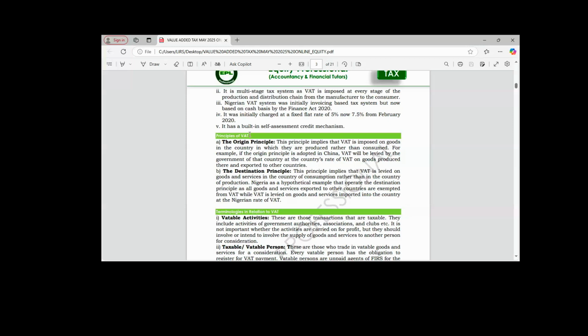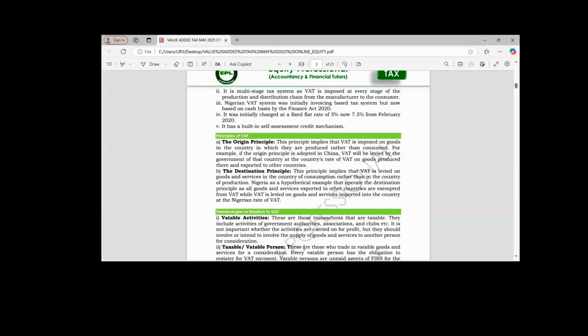What that means is that the value added tax will be charged on the goods where they are produced, not necessarily where the goods is being consumed.